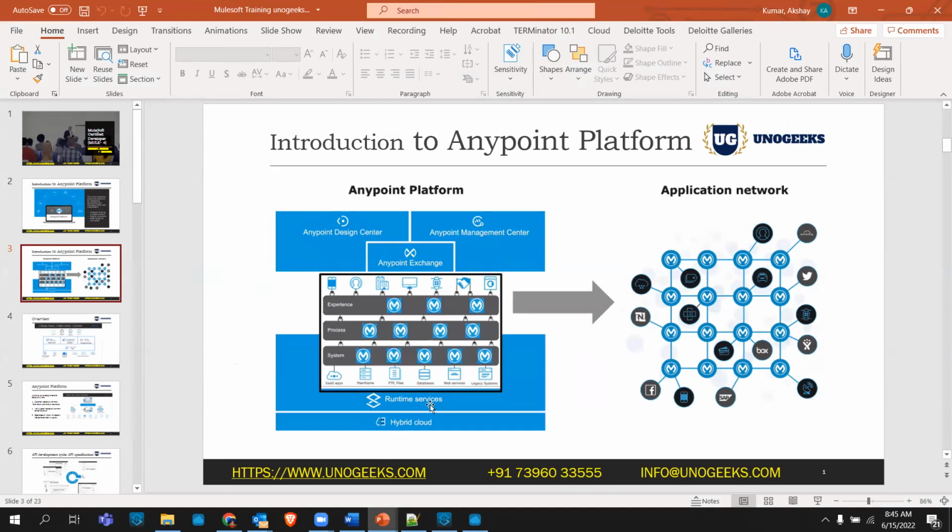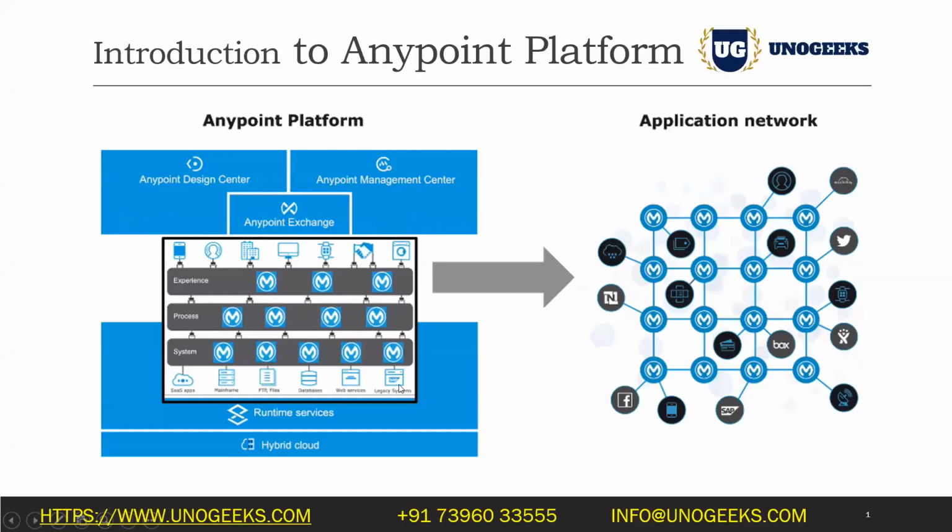We have the runtime services where you can deploy your application. The runtime will be CloudHub first, and then you can deploy it on Runtime Fabric also, which is called RTF, and you can also deploy on private cloud features. You'll see that.